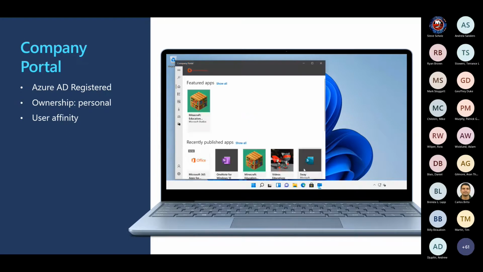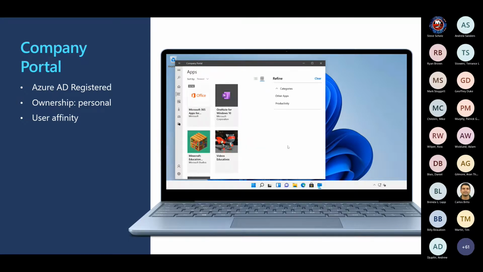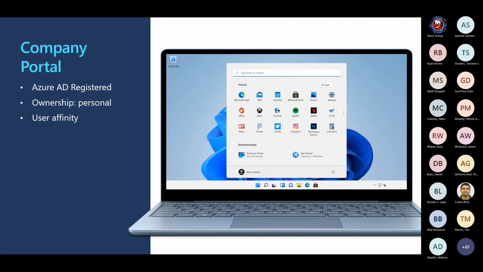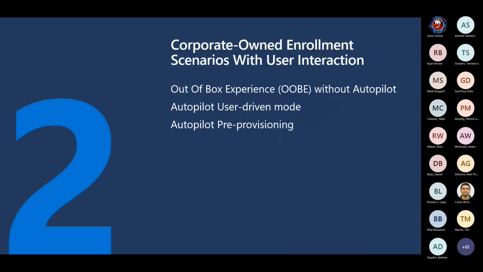And also now that she has the company portal, not only does she have the ability to get required apps automatically targeted to her device, she can also self-service any application that may be available to her for installation whenever she needs it. Okay. So that is the company portal flow. So now that is the end of the personal device enrollment flows that we talked about.